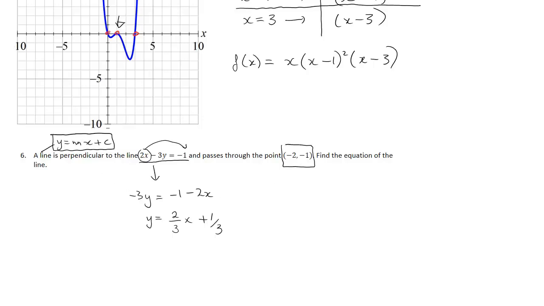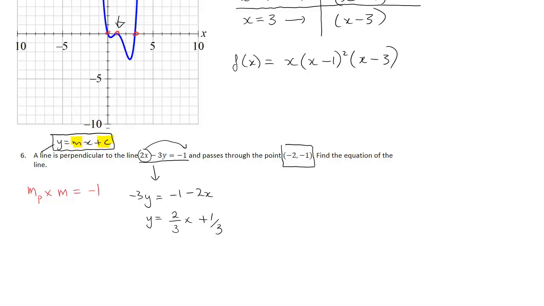the unknown line is perpendicular to this line here, and the unknown line passes through this point here. Now, what we need to do for the unknown line is we need to find two things. We need to find the m value, and we need to find c. So to find the m value, if you have a perpendicular line, you take the gradient of the perpendicular line and you take the gradient of the actual line, and when you multiply them by one another, your answer will always be -1.